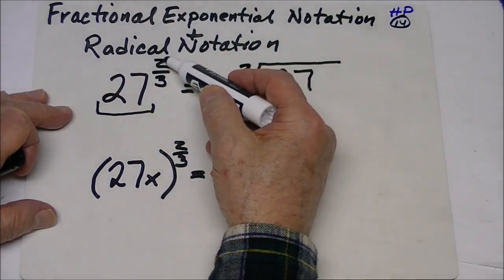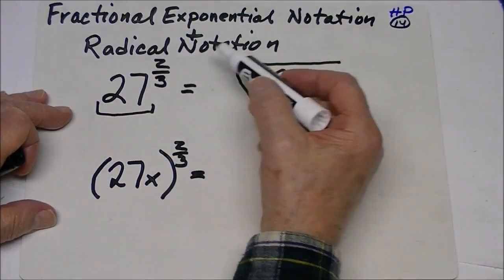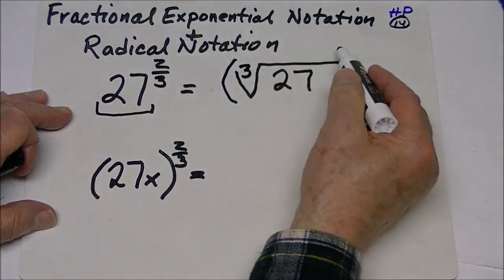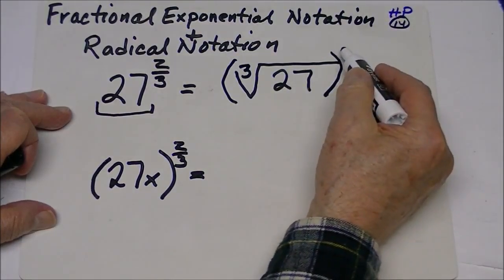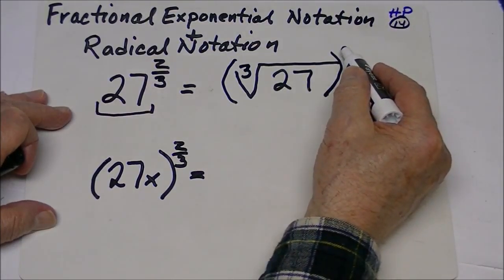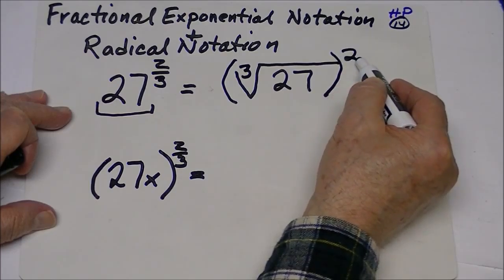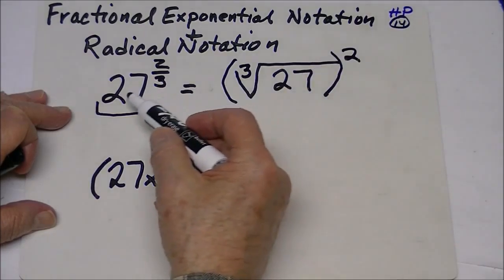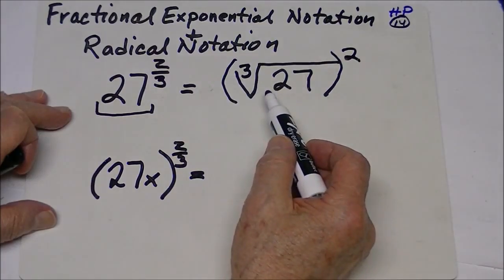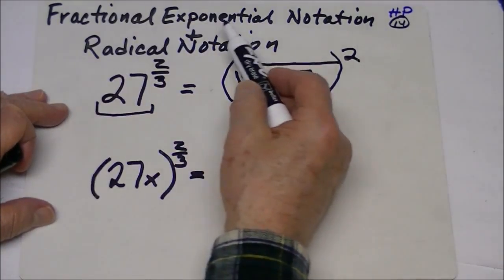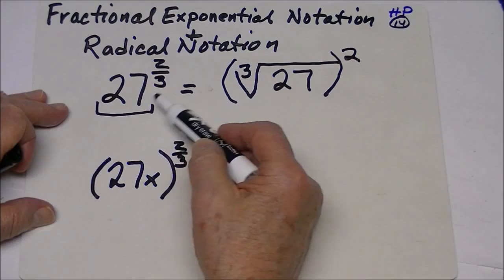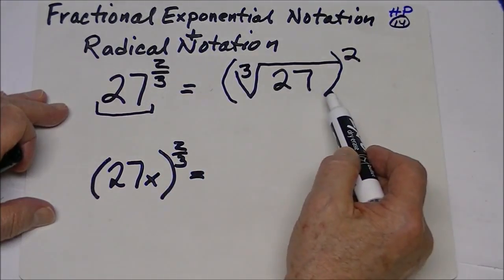And the numerator of our fractional exponent becomes the exponent to which we raise this expression. So that's the basic recipe of converting fractional exponential notation to radical notation.